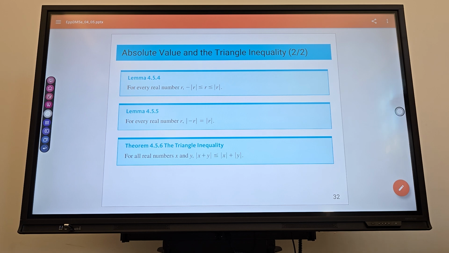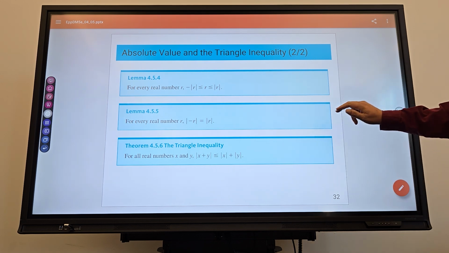And for all real numbers x and y, the absolute value of x plus y is less than or equal to the absolute value of x plus the absolute value of y. And I believe that's it for that.